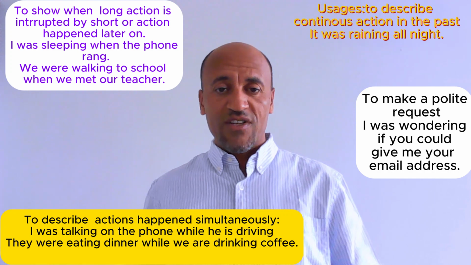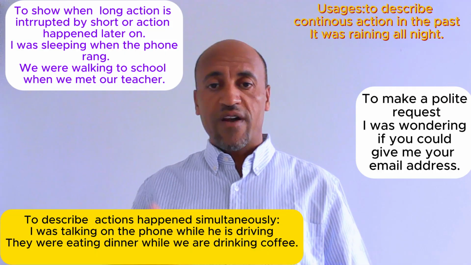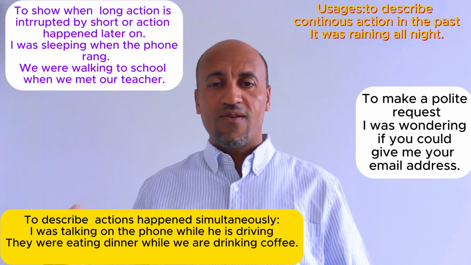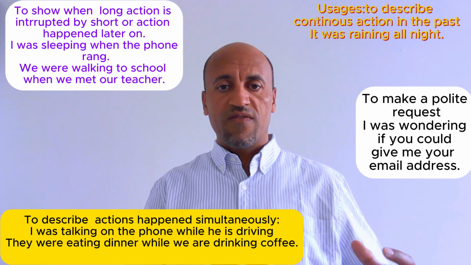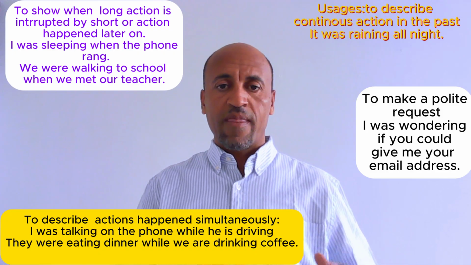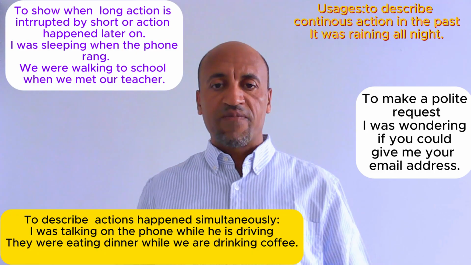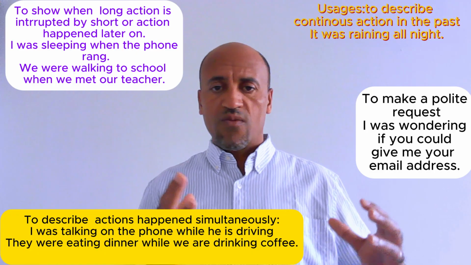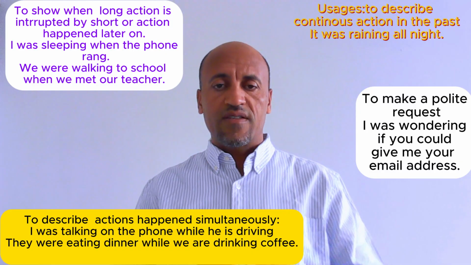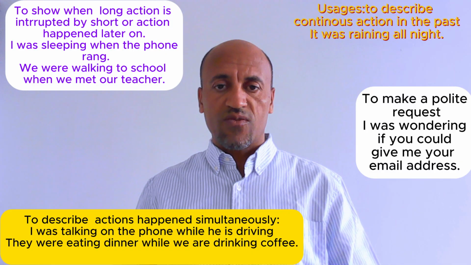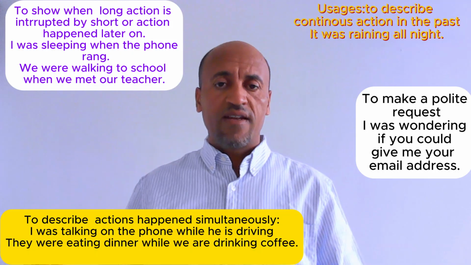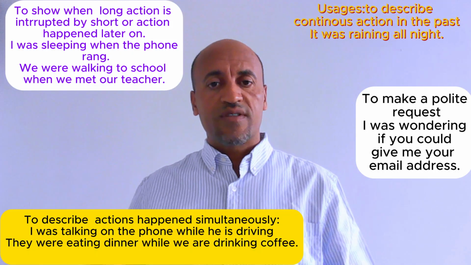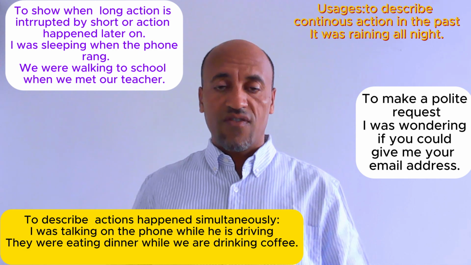And to make a question, we use were you, were they, were we. So we have the verb of be at the very beginning, was or were plus subject, depending on the subject. Then finally we use the verb ing form.